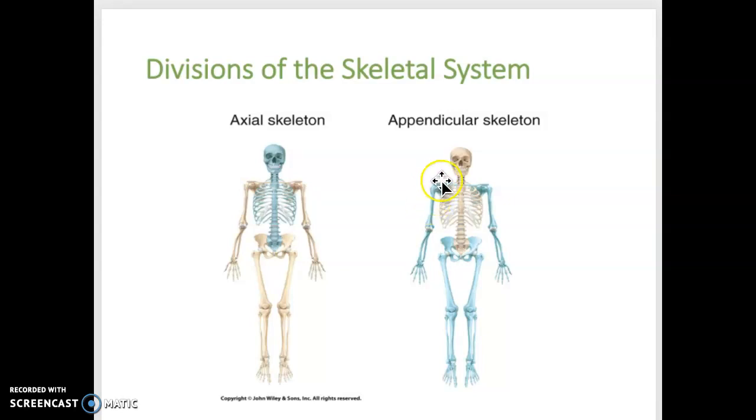On this picture, they're shown in blue. So you have the limbs, the upper limbs here, and the lower limbs, and the girdles like the pelvic girdle and the pectoral girdle that connect these bones to the axial skeleton.